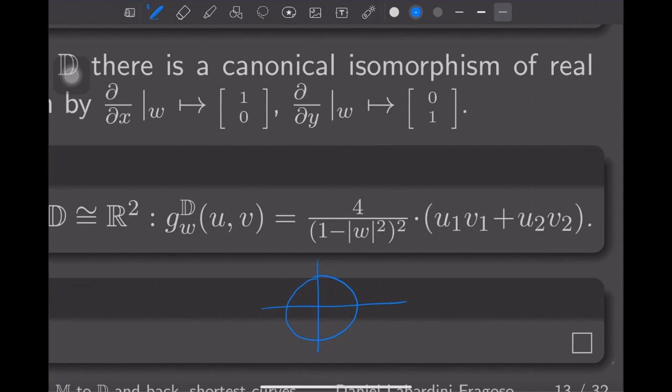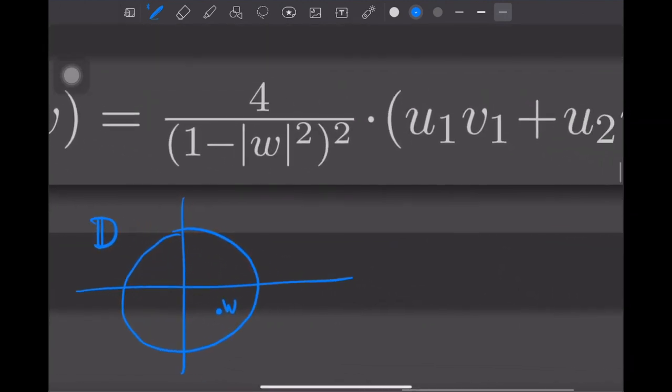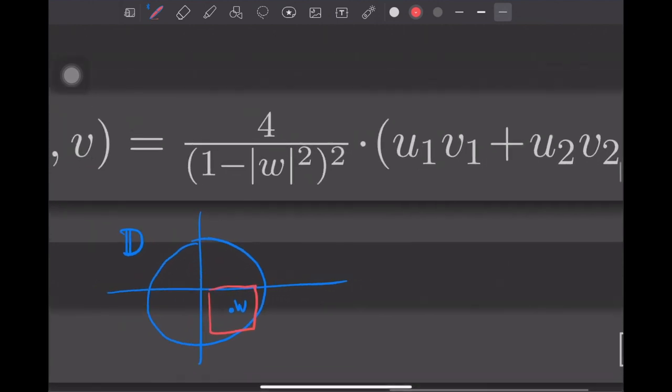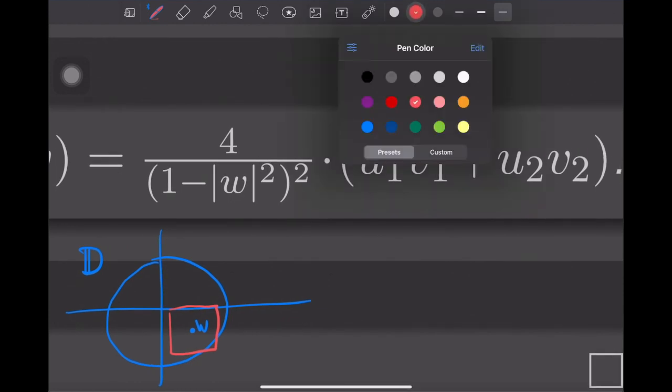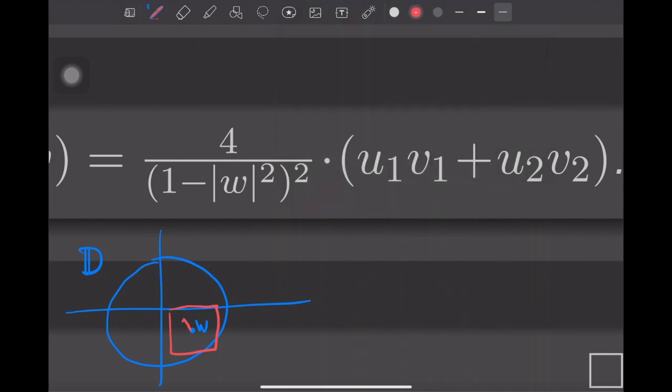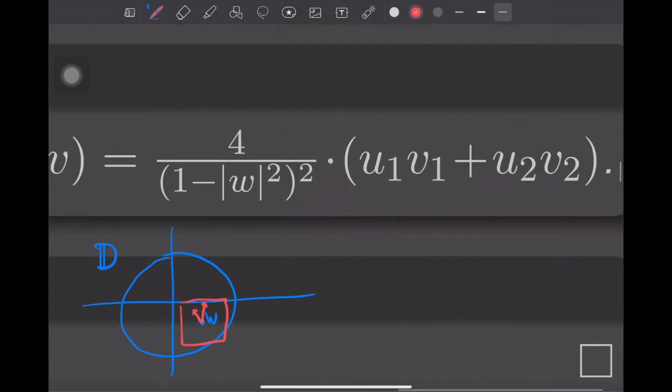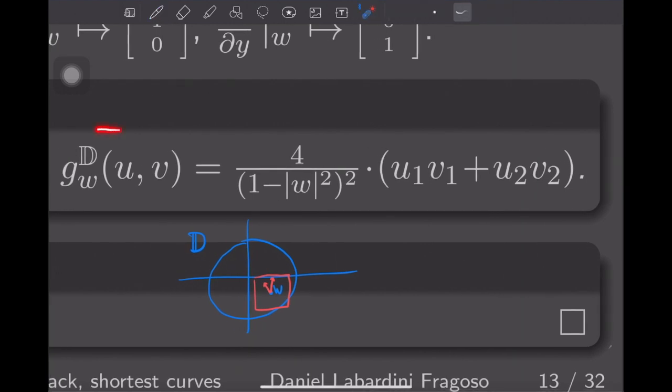Right, so this is D, and let me take a point W. Right, so here is my point W. And then I draw the tangent plane, which is canonically identified with R2, but somehow I draw it as if it were anchored in W. And then I take my two tangent vectors, with same color, for which I want to know the formula.